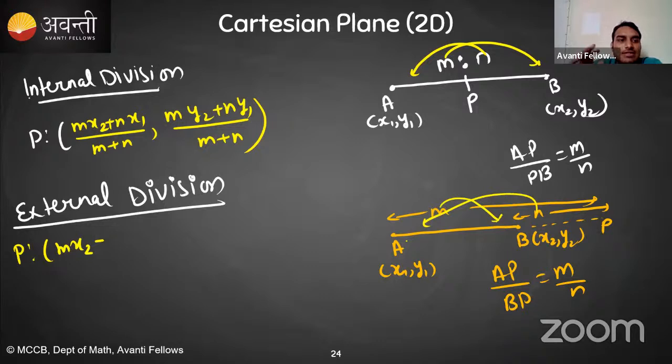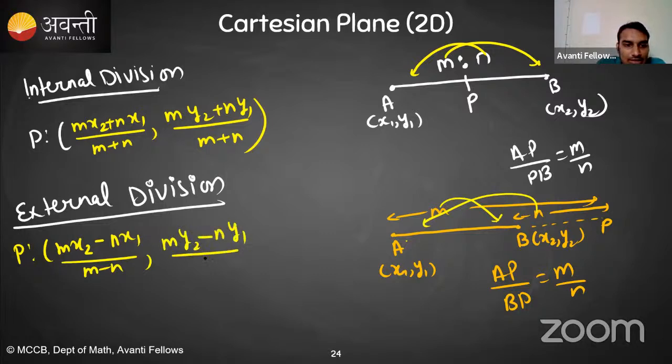That is the only difference in internal and external division. So mx2 minus nx1 divided by m minus n, comma my2 minus ny1 divided by m minus n. This is the external division. Yes or no? You remember these things now? Is this clear? I hope there is no doubt in this, right?